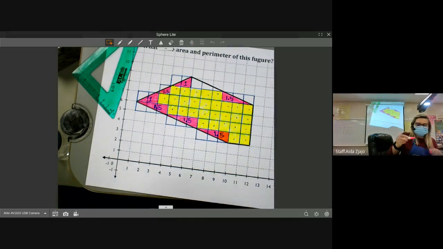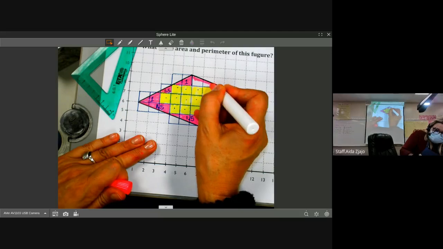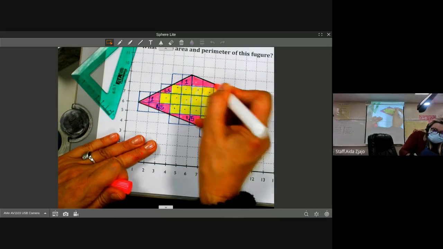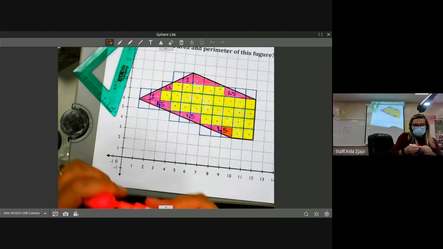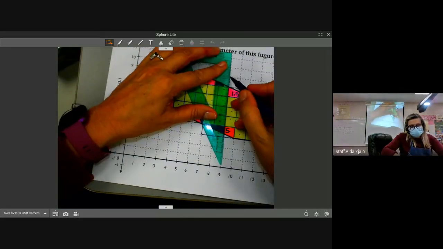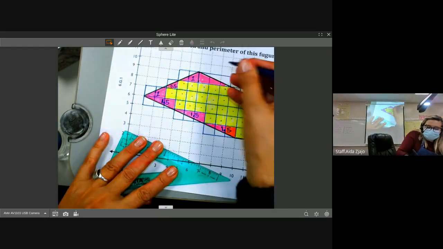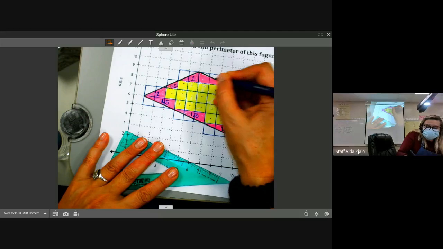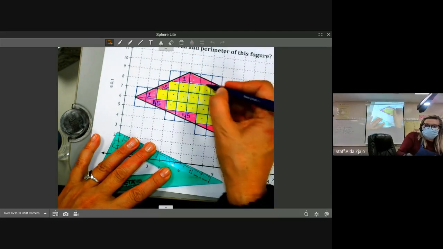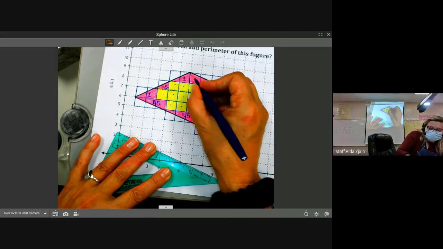Okay, and then the last one is for Robert. Robert, I'm going to look for how much this one here is. That's our last one. 1.5, that's right, because we can create a rectangle around it, and then we can see that equals 1, 2, 3 square units, but we need only the pink triangle that belongs to that rectangle, which is 1.5.